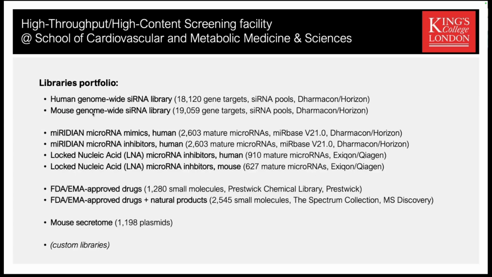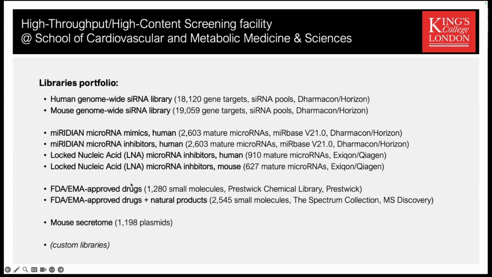In terms of libraries, our focus is on functional genomics. So we have libraries of siRNAs for mouse and for human. We have the pooled version of the libraries, and independent siRNAs per gene inside each well. For the microRNAs, we also have different libraries, mimics and inhibitors.